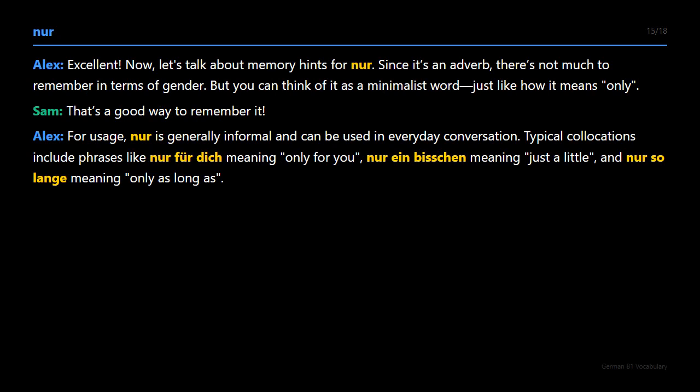Typical collocations include phrases like, nur für dich, meaning only for you, Nur ein bisschen, meaning just a little, and Nur so lange, meaning only as long as.